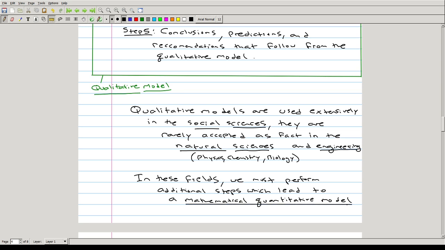And notice my use of the word quantitative here rather than qualitative.